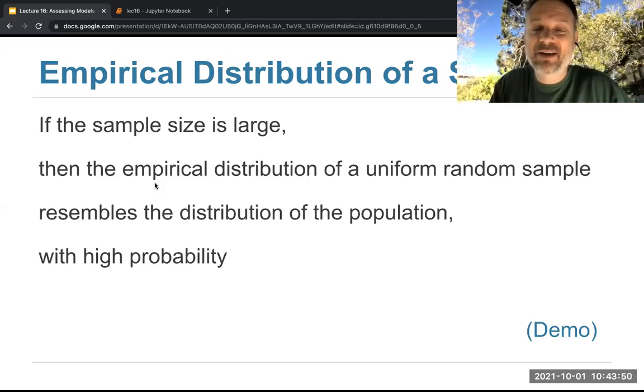It's likely that the empirical distribution resembles the distribution of the population. This is another fundamental fact. It follows from the law of averages.